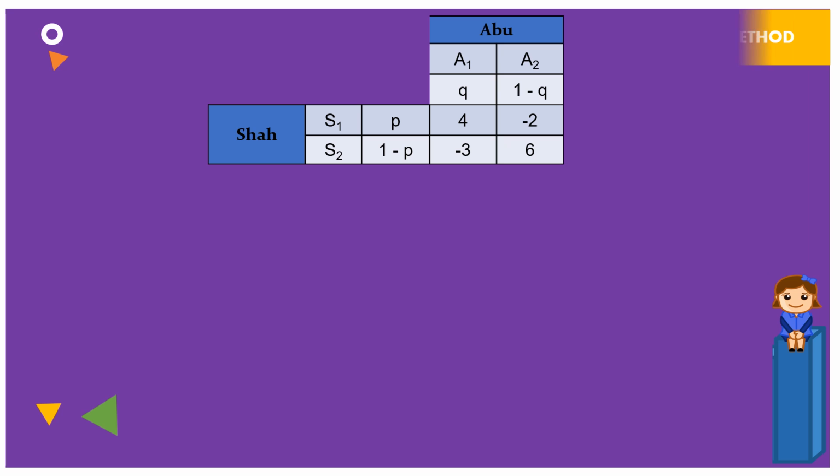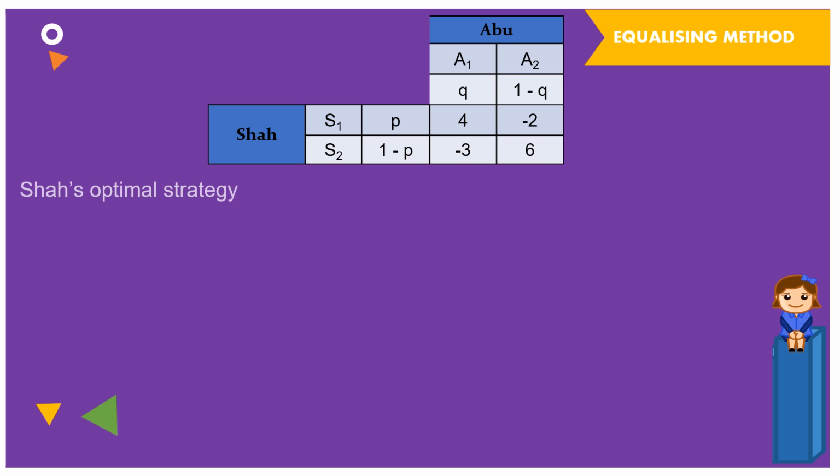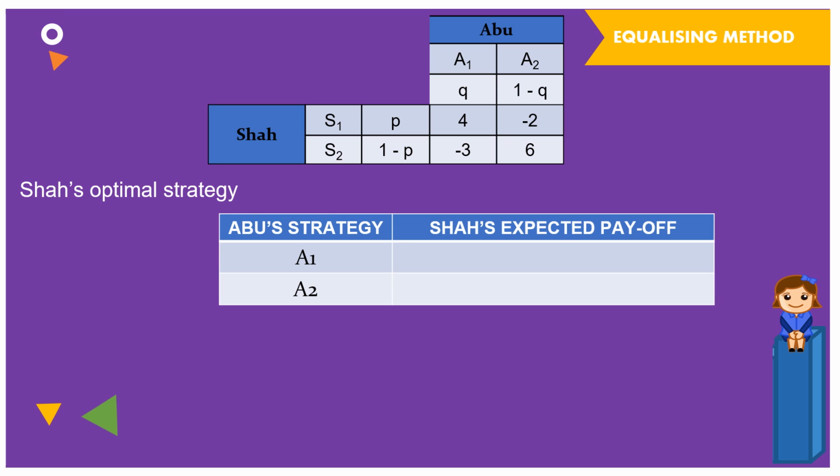Using the equalizing method, or sometimes known as the equilibrium method, we can find Shah's and Abu's mixed strategy. So, for Shah's optimal strategy, find Shah's expected payoff by referring to Abu's strategy. If Abu plays A1, Shah's expected payoff is 4p plus -3 times 1 minus p, which is 7p minus 3.